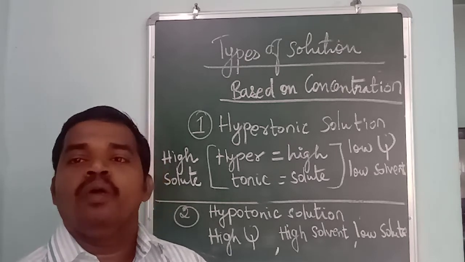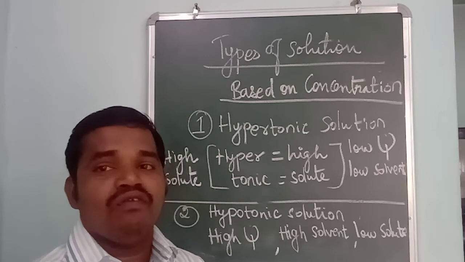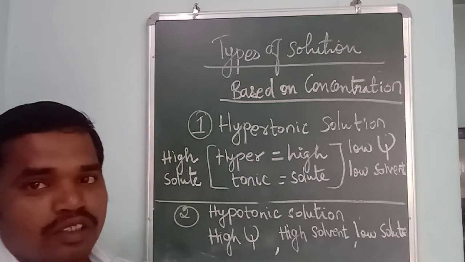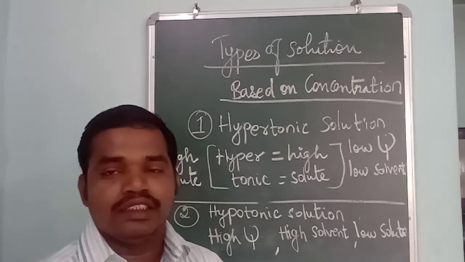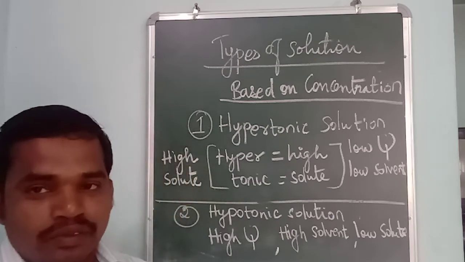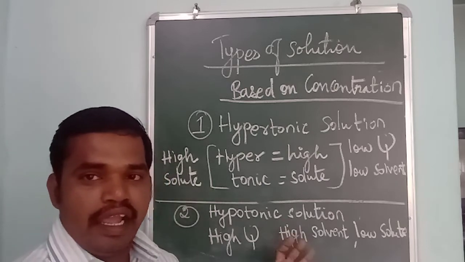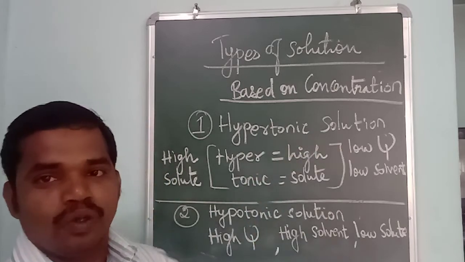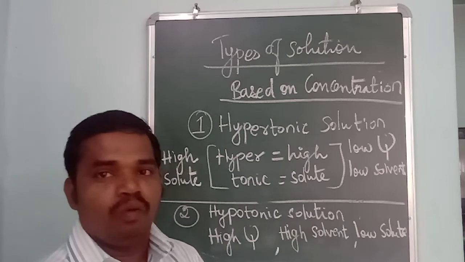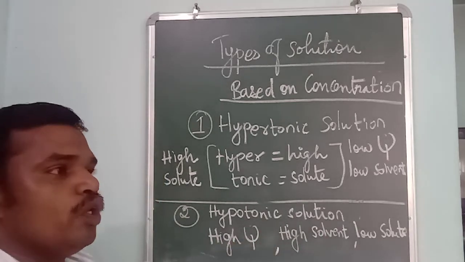So thereby what will happen? These solutions will attract the solvents from other solutions. So hypertonic solution will attract solvent from other solutions. I will explain how it will be. Okay, next thing is hypotonic solution.